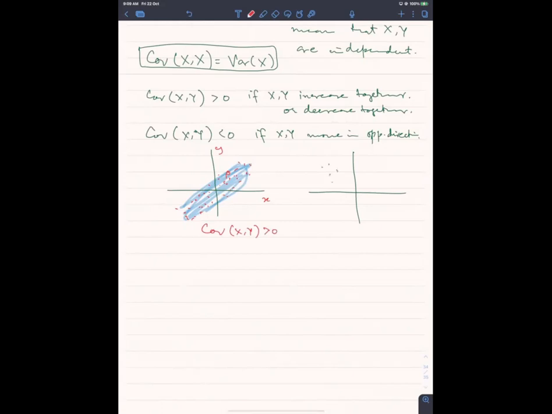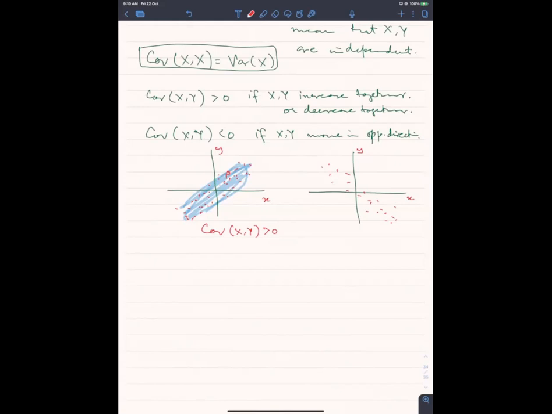Less than 0 के लिए आपके पास इस तरह के पॉइंट्स आएंगे, इस तरह के पॉइंट्स आप जनरेट करेंगे between x and y. So जब आपने एक्सपेरिमेंट रन किया तो उस एक्सपेरिमेंट की कोई आउटकम आई, उस आउटकम से आपने x और y जनरेट किए, उनकी वैल्यू जो भी आई उनको आपने इस 2D प्लॉट में मार्क कर दिया.